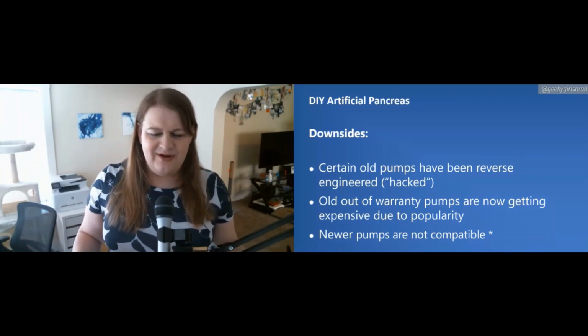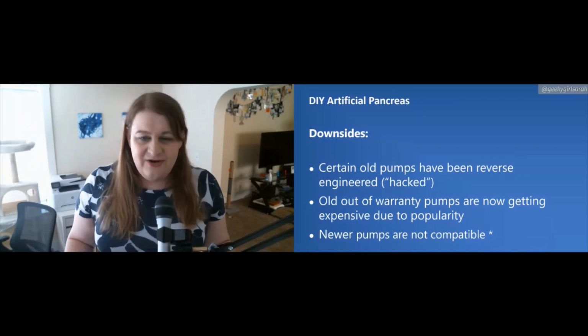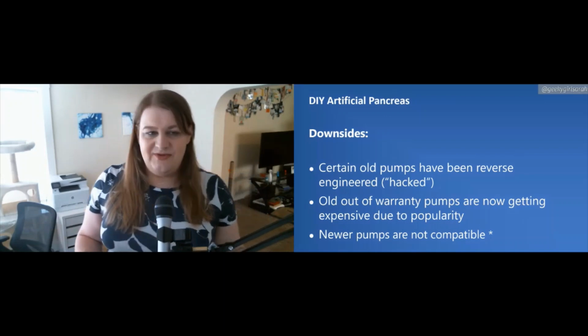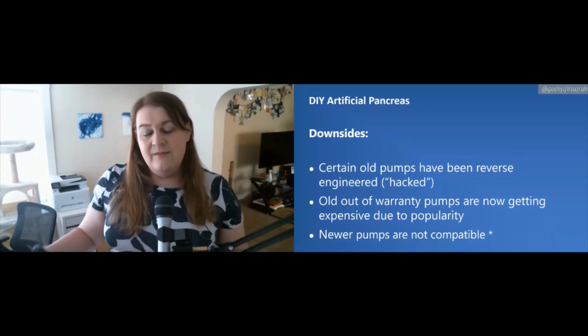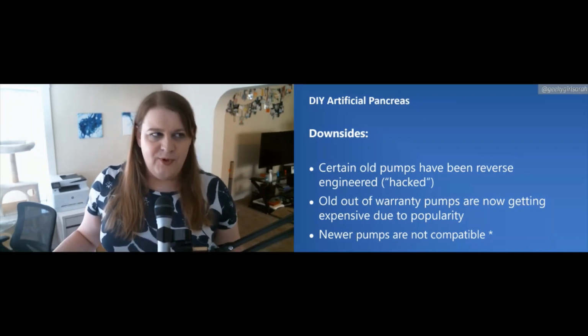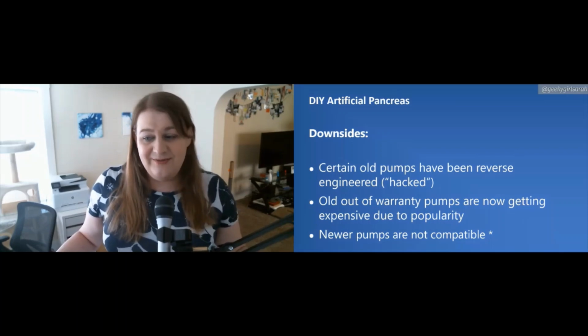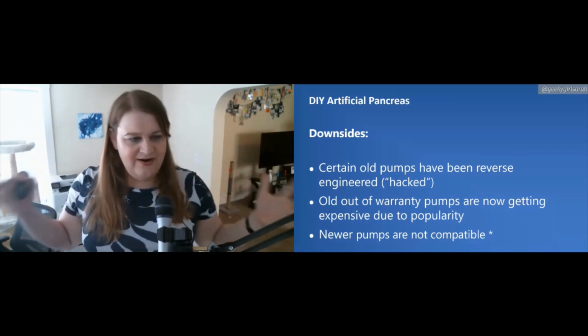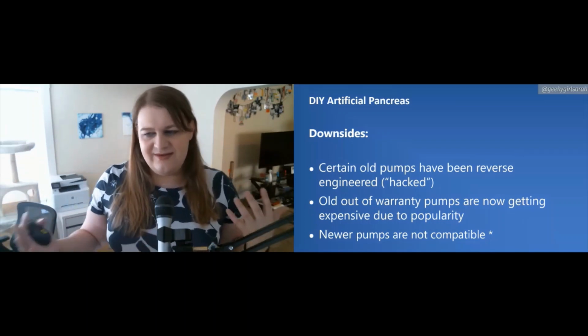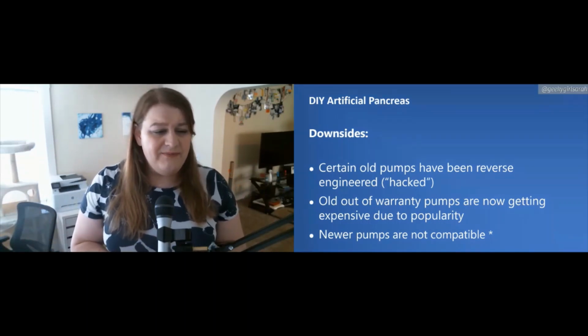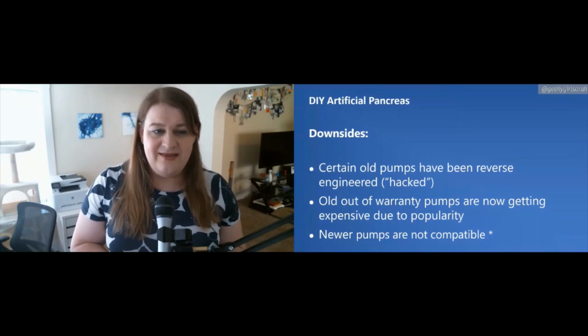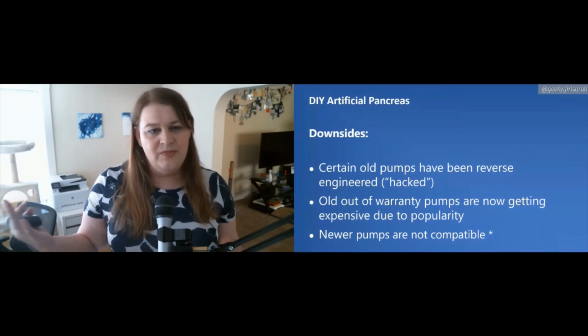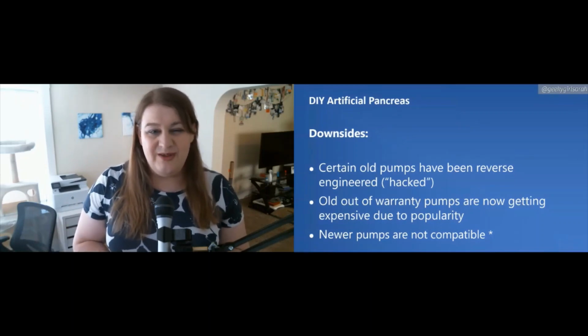Not super often. And it's true, you might see these things almost given away in the past, but now you can find them upwards of $400 to $1,200. It's really wild seeing people trying to find these old insulin pumps all over. Newer pumps aren't compatible, like I said, because there's newer encryption with the communications. People haven't really broken it yet.